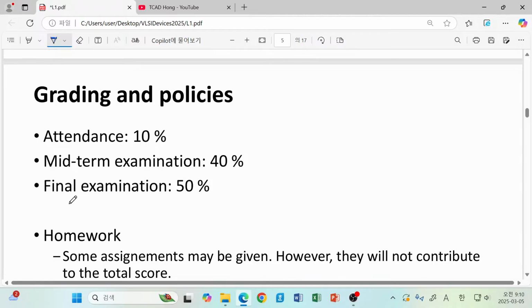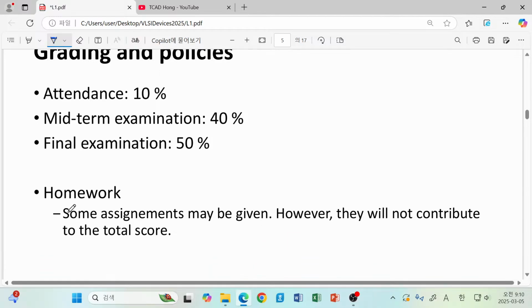You find that there is nothing else, like a homework score. I will give you some homework, however, it will not contribute to the total score. It's just for your own study. But I guess that if you cannot solve homework problems, then you cannot solve the examination problems. So please try to solve all of the homework assignments.